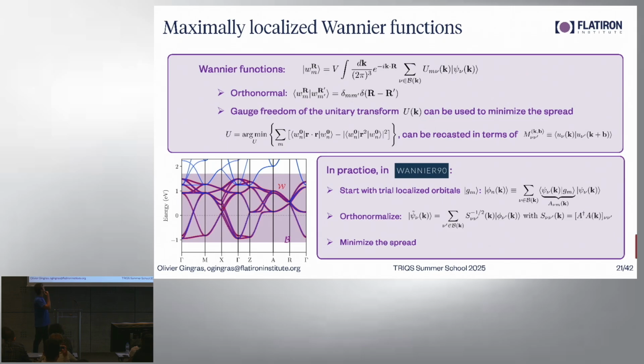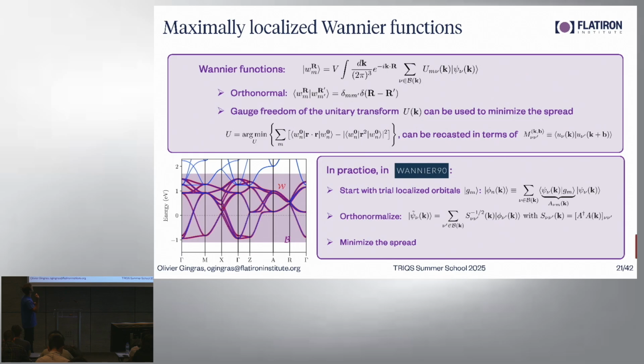It's not the only way to get your orbitals, but this is one of the ways that I want to show you because it's one that comes back a lot. So the idea is that you can construct these Wannier functions, which are just linear combinations of your Bloch states. And by doing the right linear combination of Bloch states, you can construct localized orbitals.